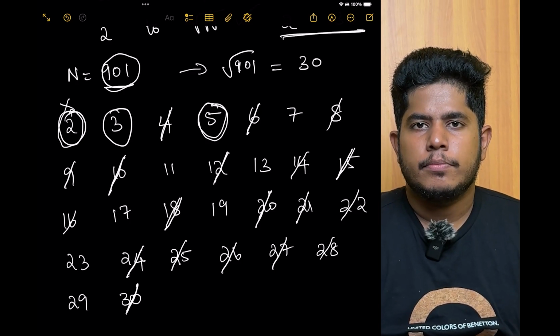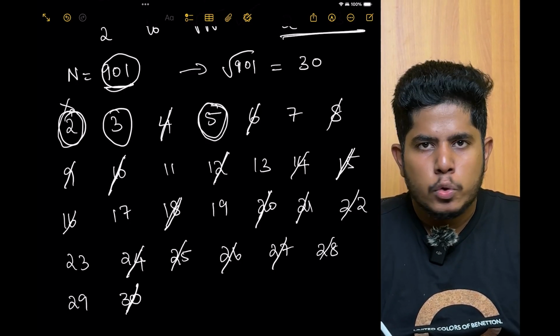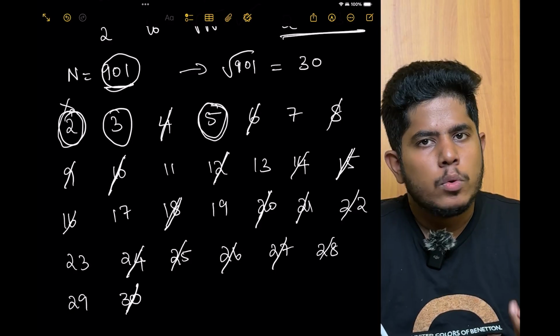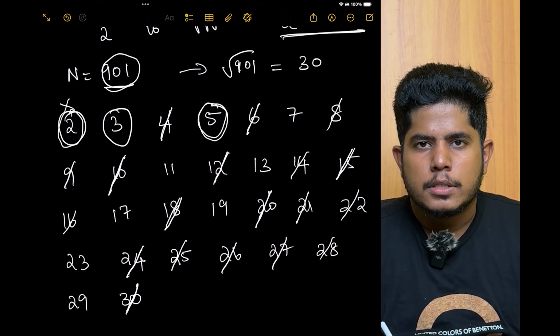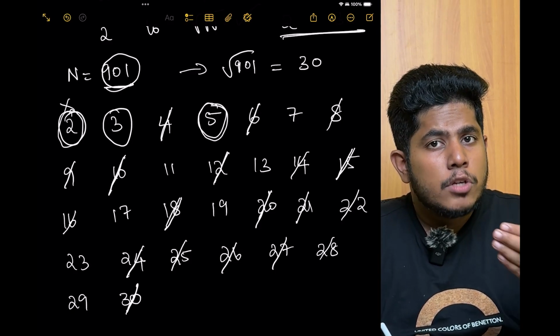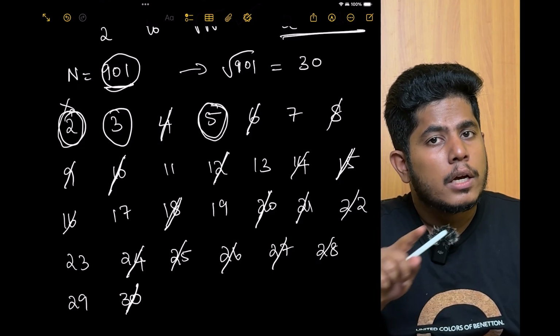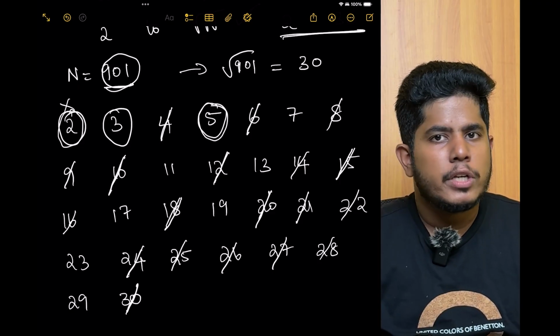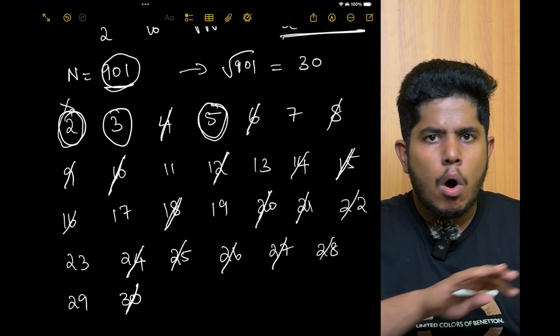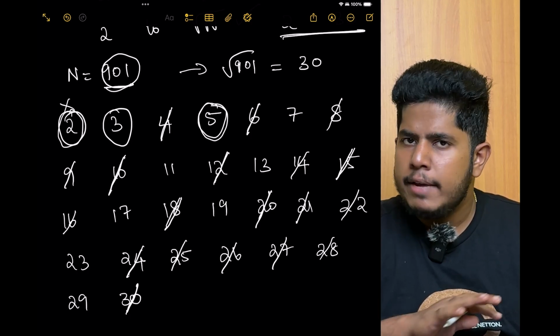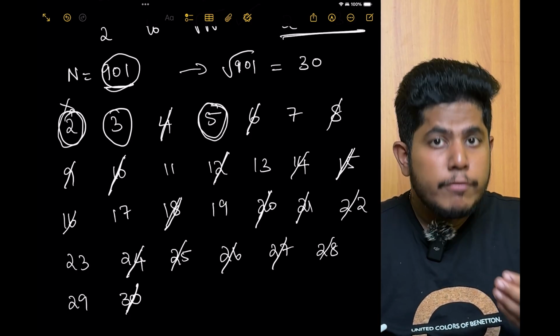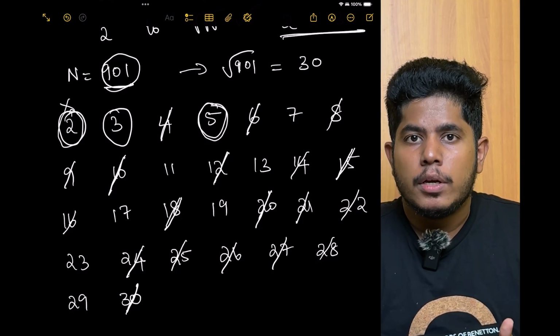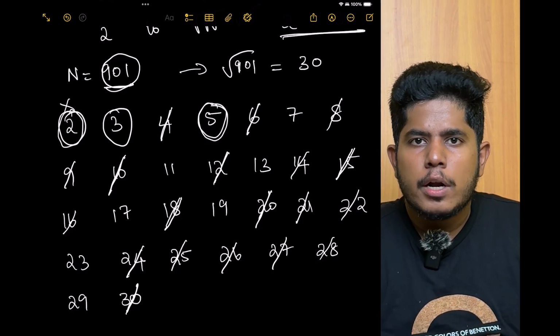This is our idea. If you check with 2 and the number is divisible by 2, it is not a prime number. You will stop the process. But if the number is not divisible by 2, don't check 4, 6, 8. Do not check and waste the time. Remove all the multiples of 2. Leave them out. And then if you check whether the number is divisible by 3, then stop and say it is not a prime number.